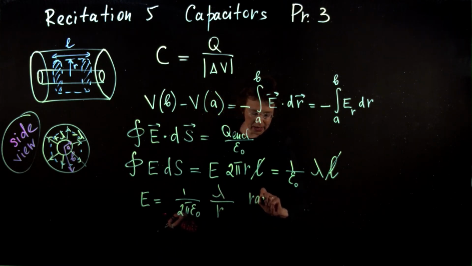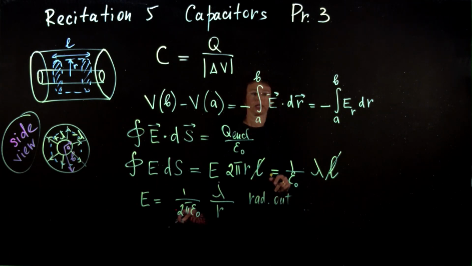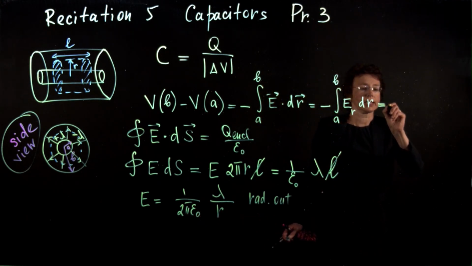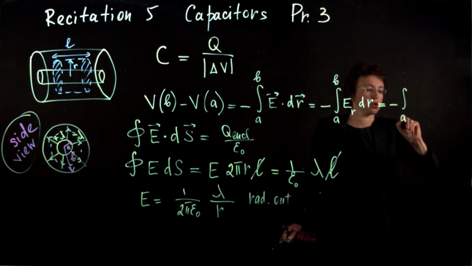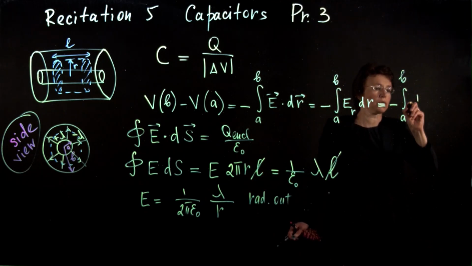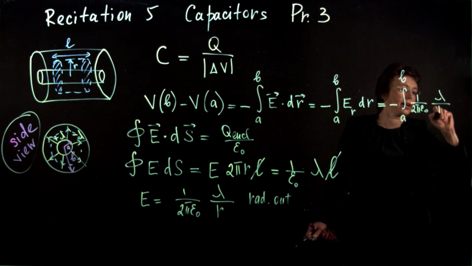Now I'm ready to find my delta V. It is minus integral from A to B. E_r is 1 over 2 pi epsilon naught, and then lambda over r dr. Let's take this integral.